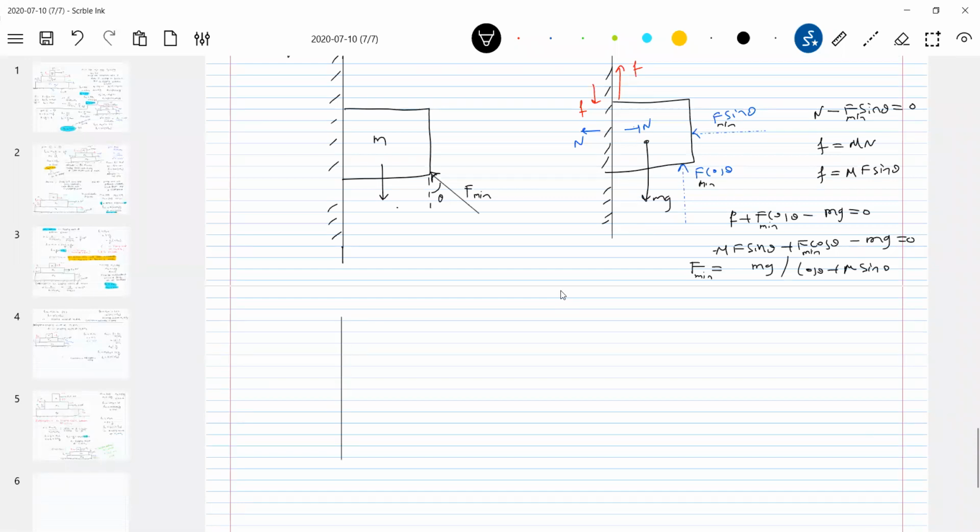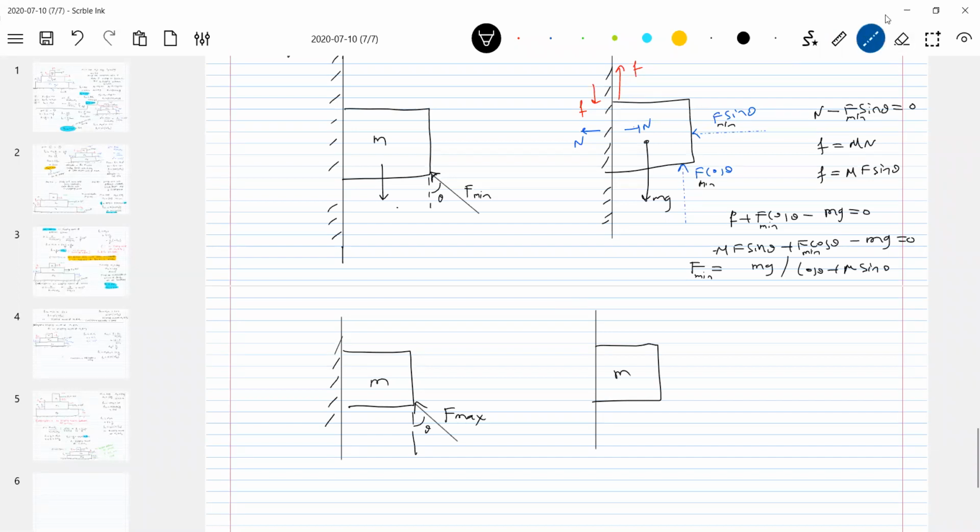Now I'll apply the maximum force. Then the friction here will change direction. This will be mg. Both the conditions I brought to one place, do make observations.